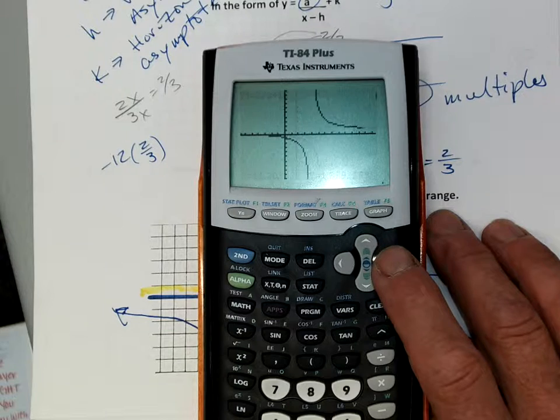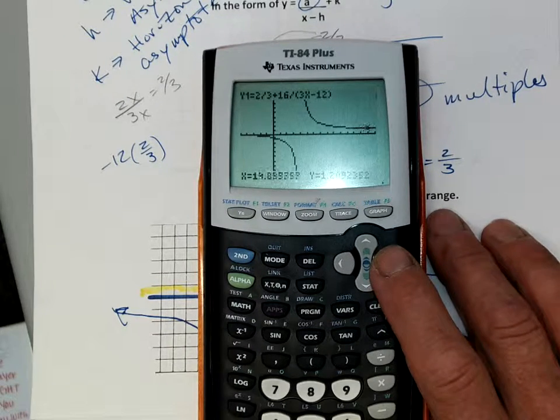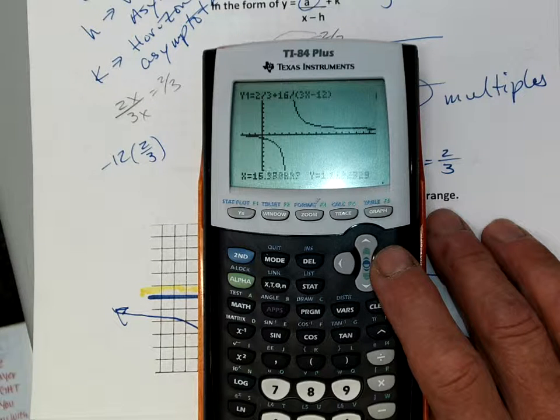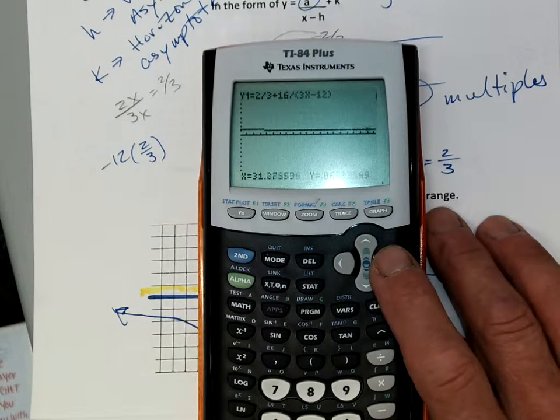You watching the y value? You've got to go a long ways because you're going to infinity. I'm kind of waiting for it to flatten out. So what's it approaching? Look at the y values: 0.9, 0.9, 0.9, 0.89.